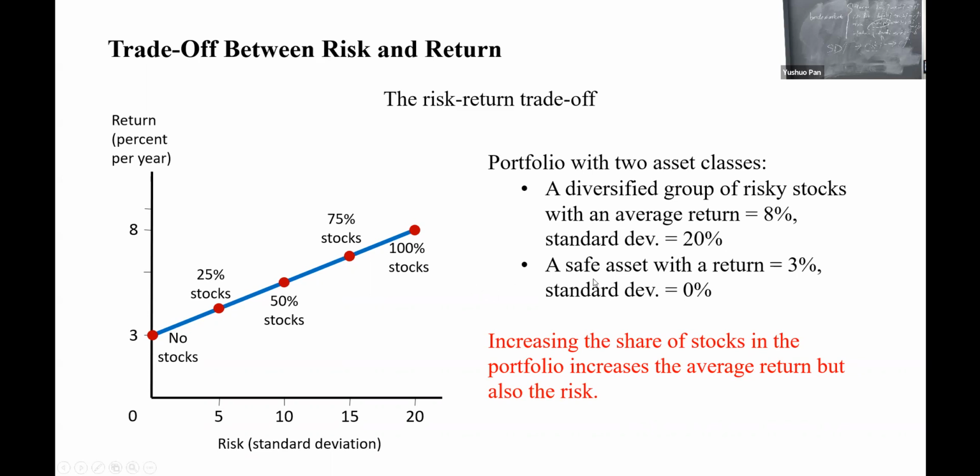And for a safe asset with a return of 3%, the standard deviation or risk equals 0, here. Increasing the share of stocks in the portfolio increases the average return, but also the risk. So there is a positive relationship between risk and return.